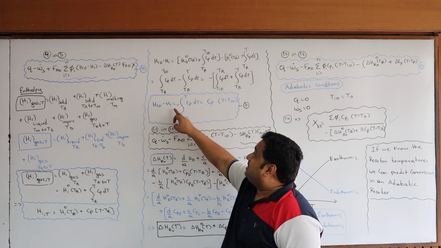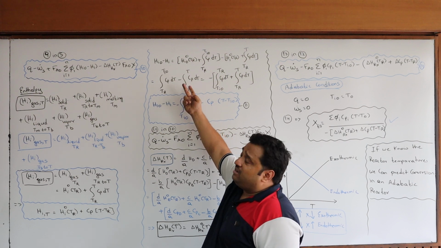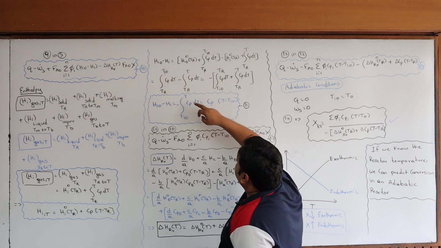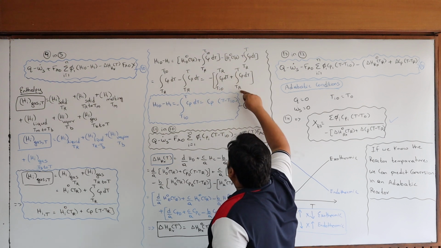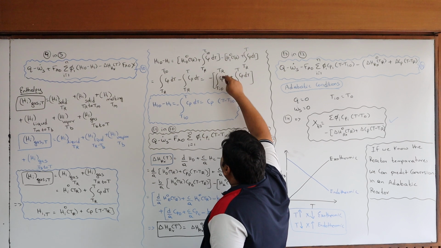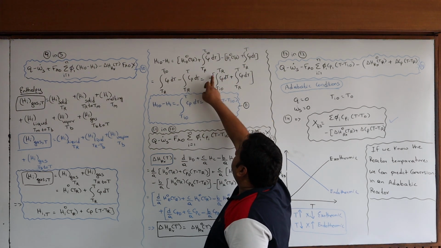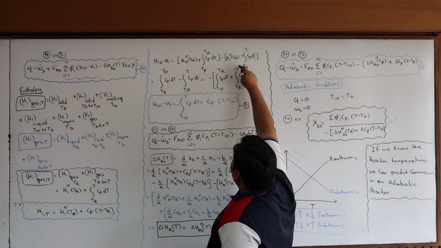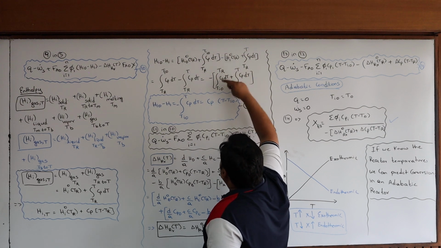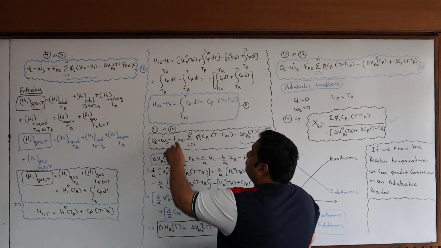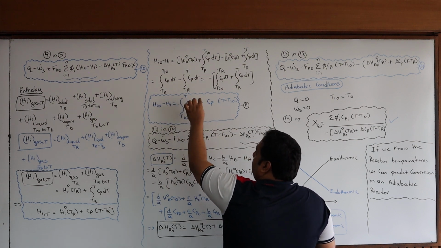Now, Hi0 minus Hi will become minus the integral from Ti0 to TR of Cp dT plus the integral from TR to T of Cp dT. Here Ti0 to TR and TR to T will become Ti0 to T, because it starts with Ti0 and ends with T. So, Hi0 minus Hi is nothing but minus the integral from Ti0 to T of Cp dT.